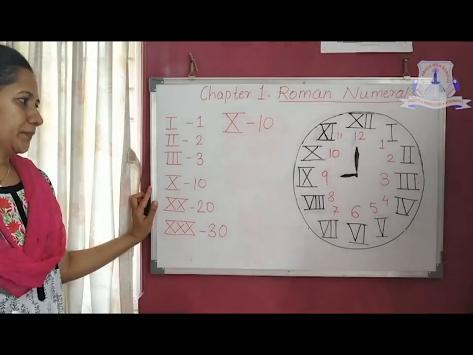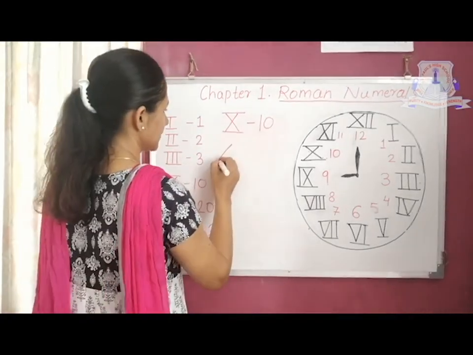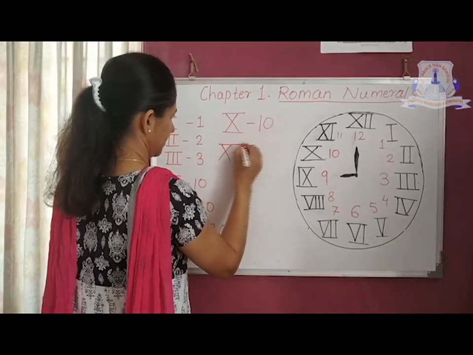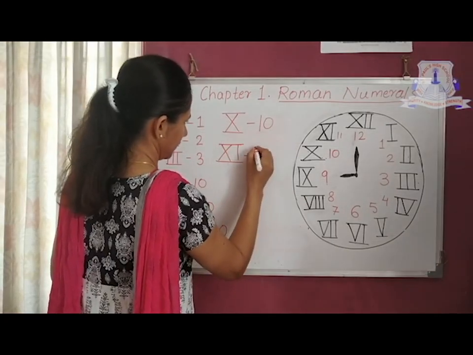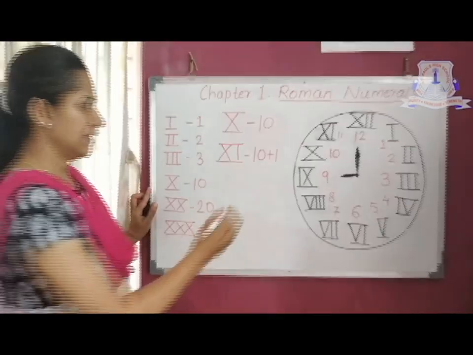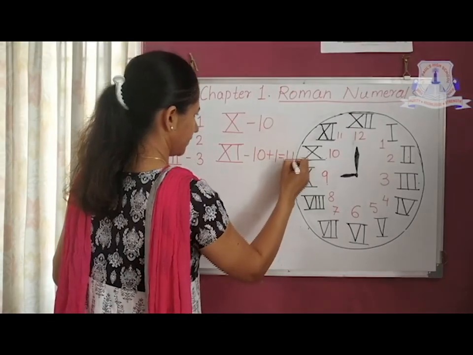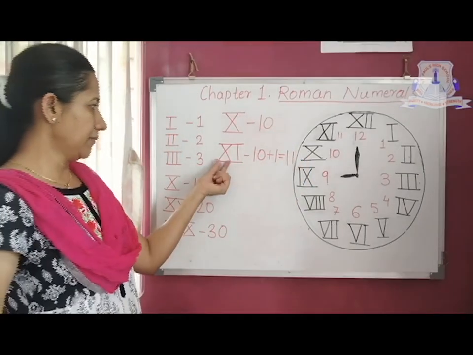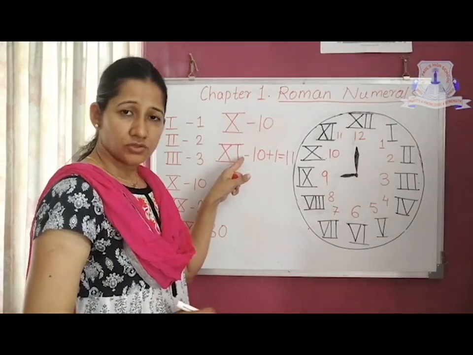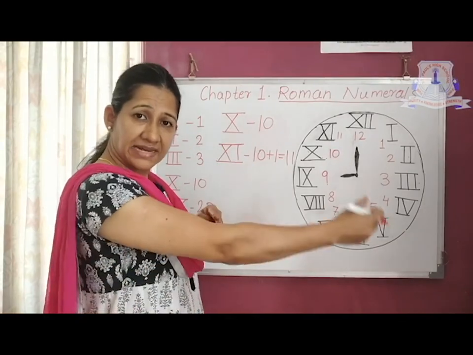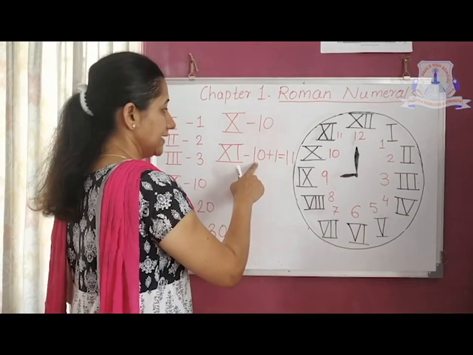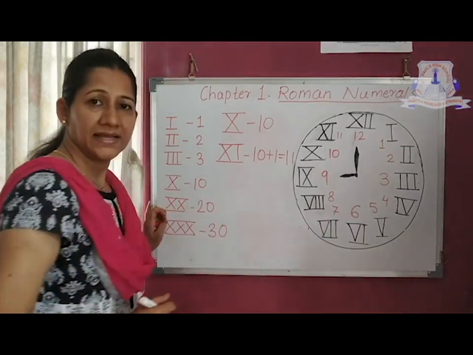Now, if I add 1, represented by letter I, then this will be 10 plus 1, which is equal to 11. This is a bigger number, and towards the right hand side, 1 is written. As per the rule, if it's written at the right hand side of the bigger number, then we have to add that number. So I wrote 10 plus 1, which is equal to 11.